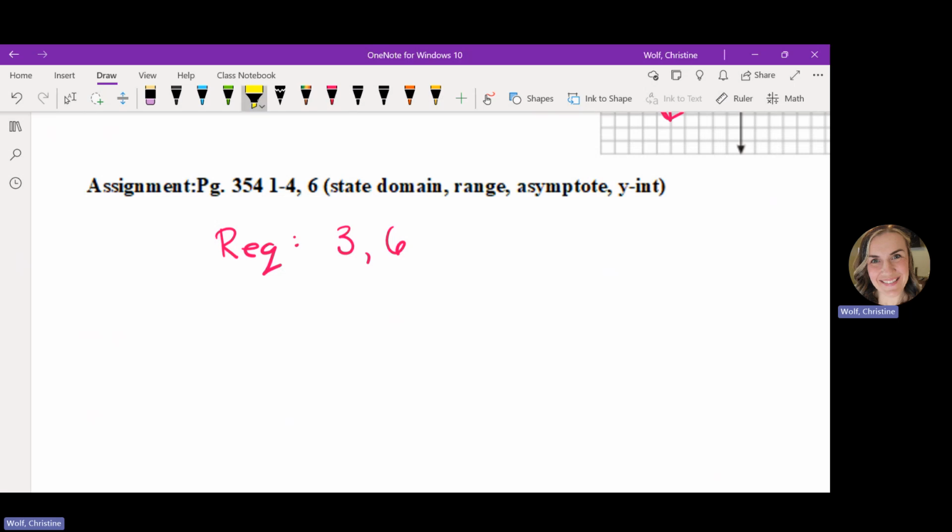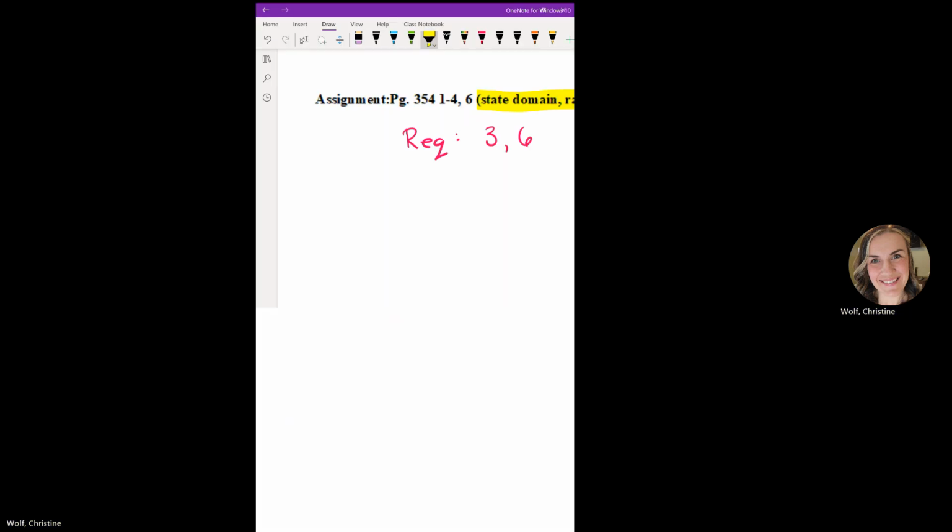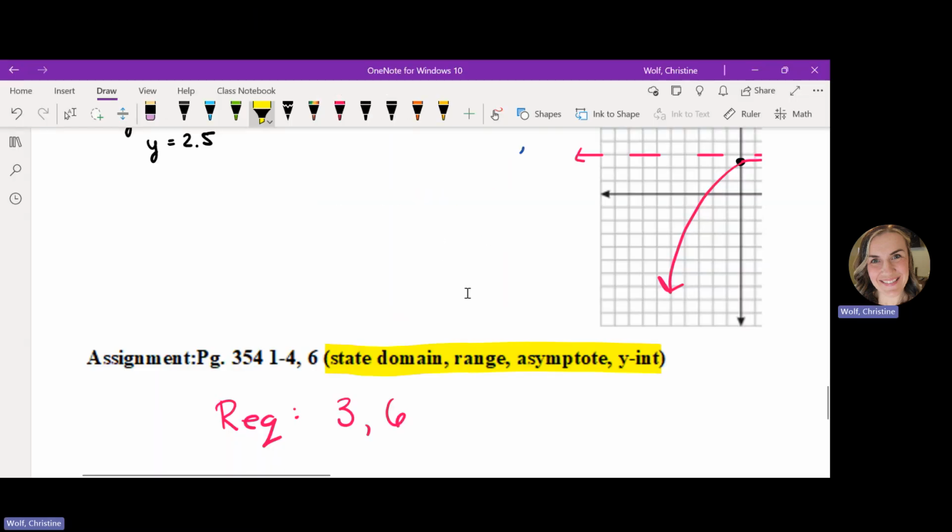And for number 6, all you have to do is state those 4 things. You don't have to sketch it for number 6. No sketching involved. Just state domain, that's your freebie, your range, where your asymptote is, and what your y-intercept is. And then just number 3 is graphing. All right. And this will be due Monday, right? All right.